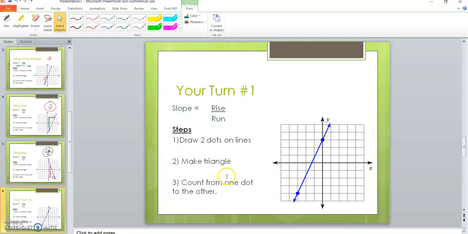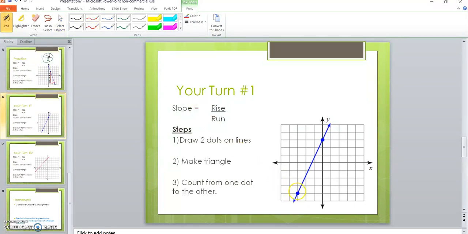Alright, so now it's your turn. So in this one, I would like you to find the slope. You're going to make the triangle, and then you're going to count from one dot to the other. So I'd like you to do that right now. Okay. So I'm going to draw my triangle. I'm going to go up and over.